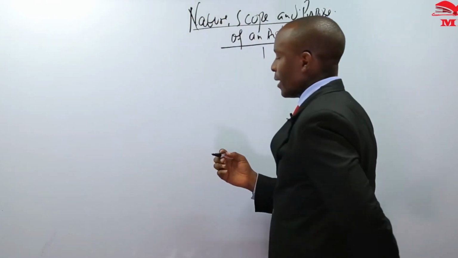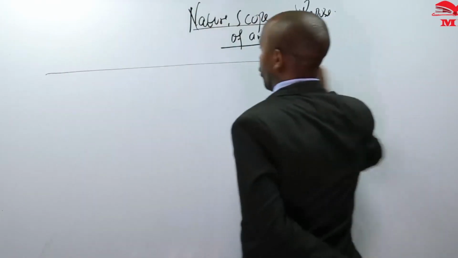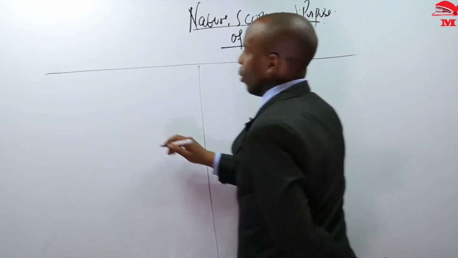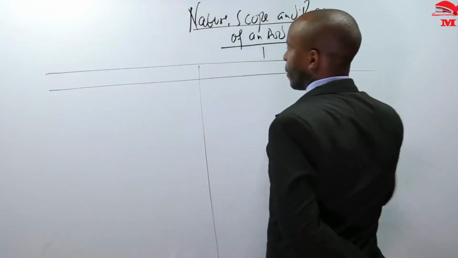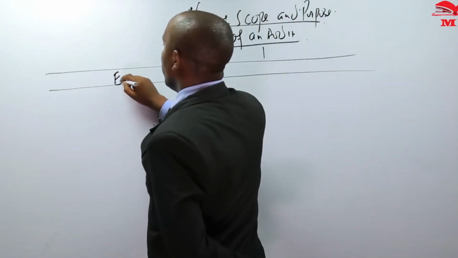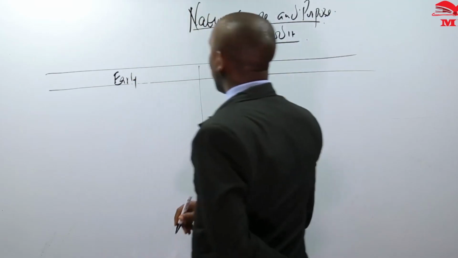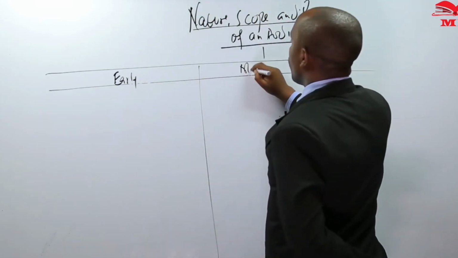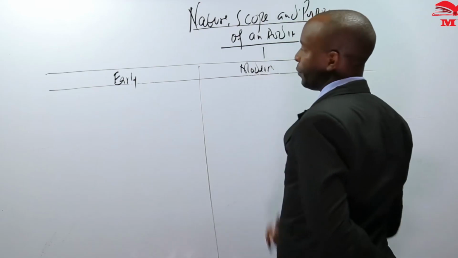For example, look at my schedule. This schedule, or this diagram here, will summarize in simple terms what used to happen in early audit and what is happening in modern audit, today's audit.